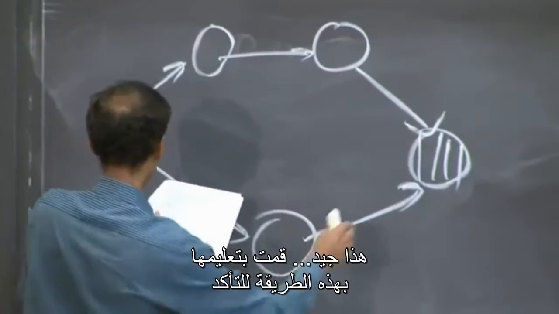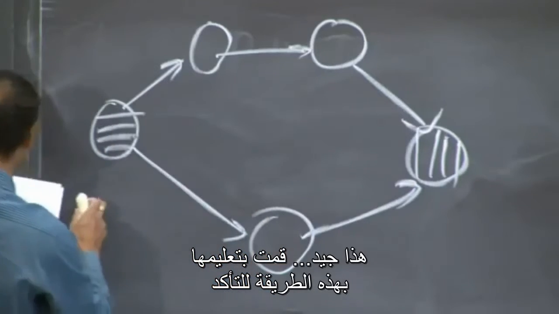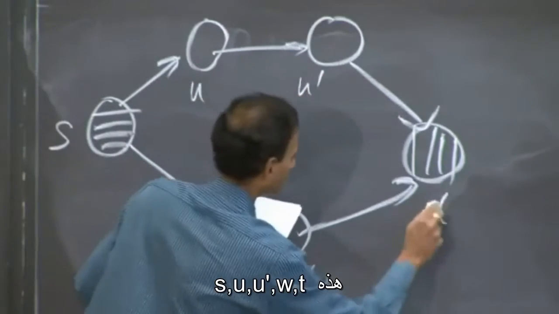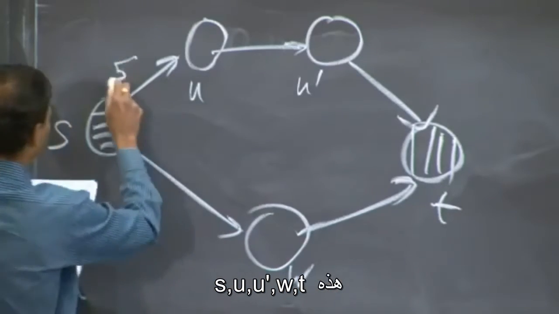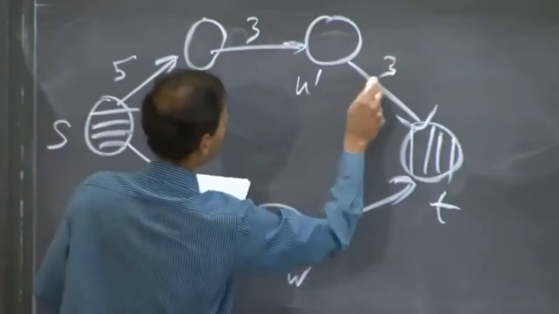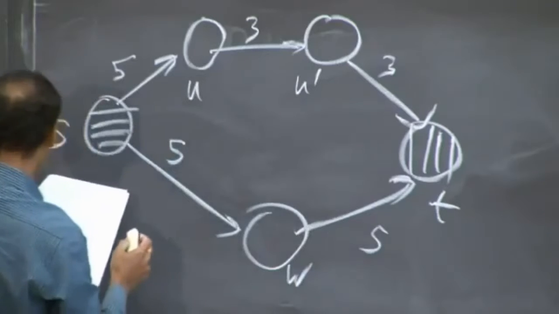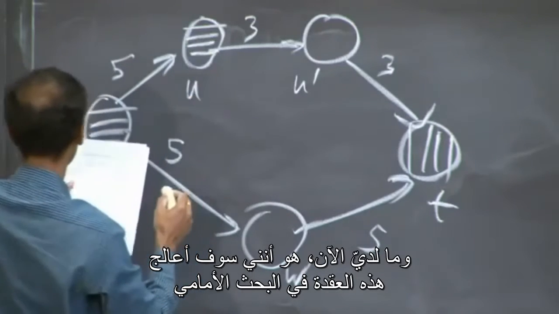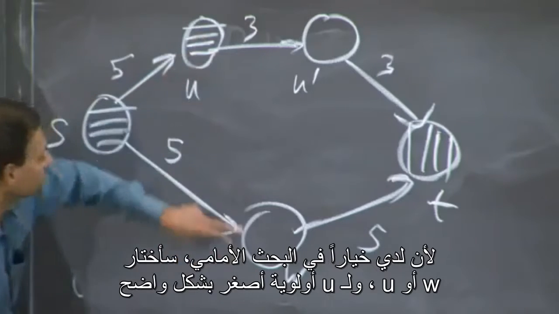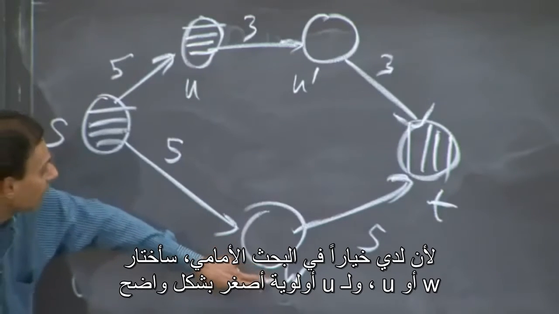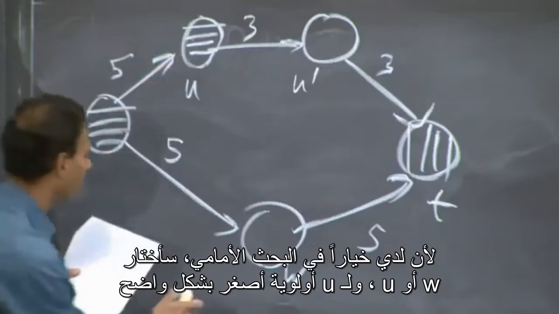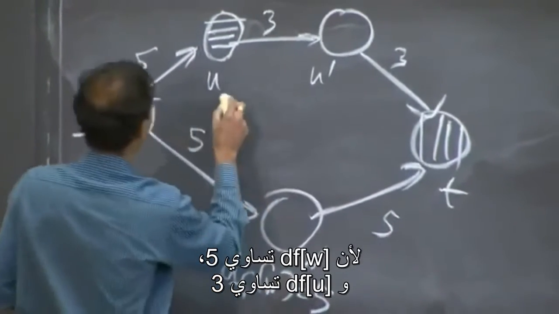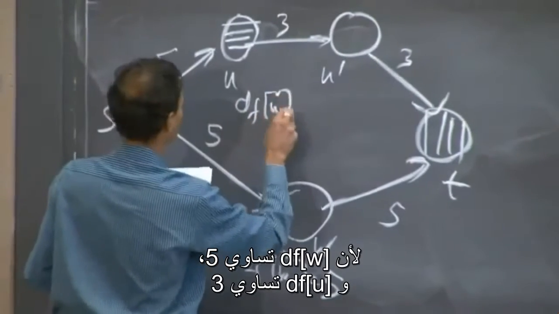This is S, U, U prime, W, T. I'm going to process this vertex in the forward search, because I have a choice to pick either W or U. W clearly has lower priority, because dF of W equals 5 and dF of U equals 3.